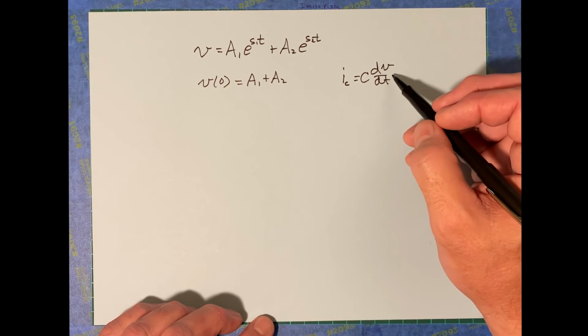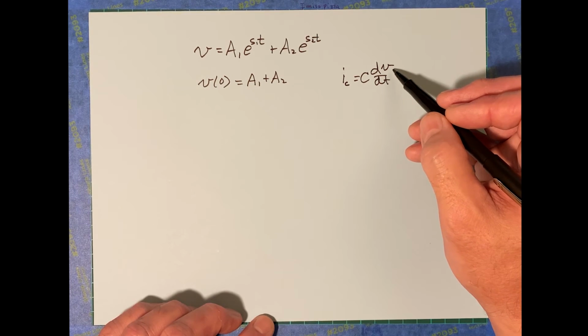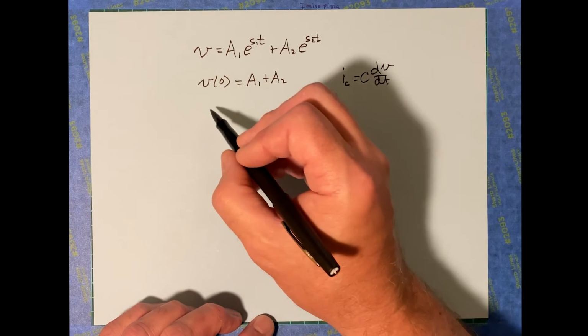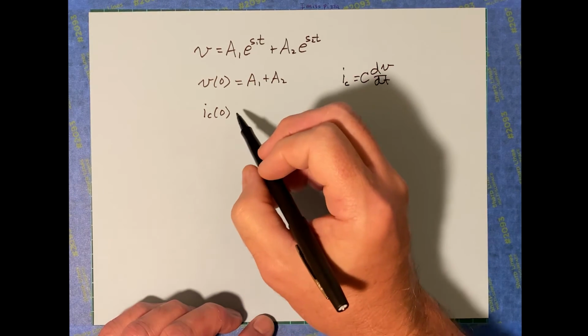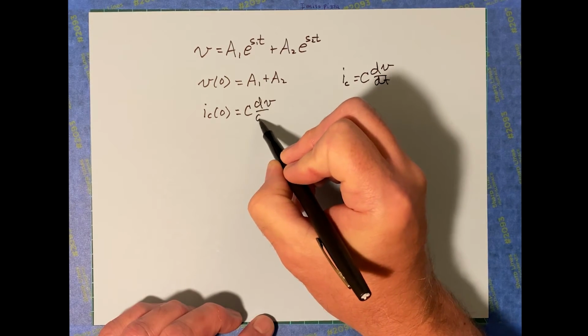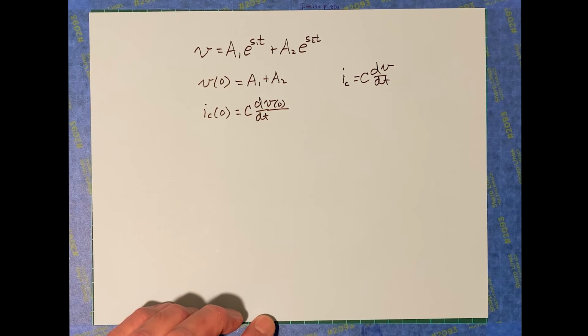But if you know what the derivative is at t equals 0, or you know what this initial current is, so let's say that you know what I sub C at 0 is, then that's going to be equal to C times dV dt evaluated at t equals 0.